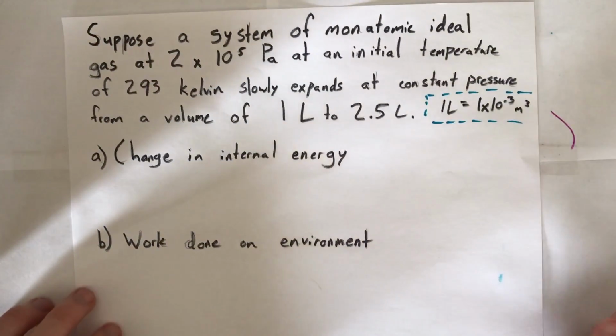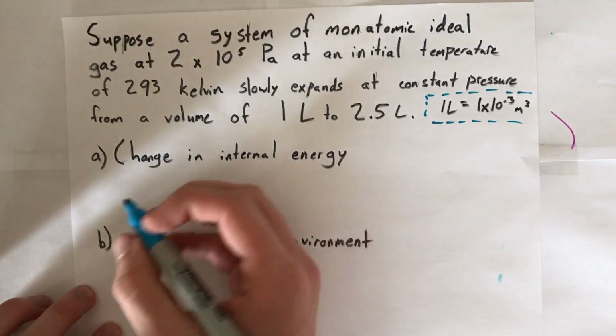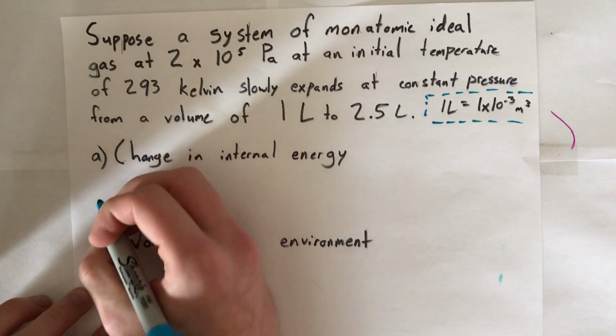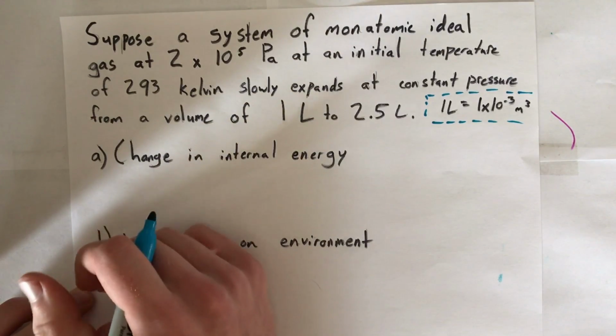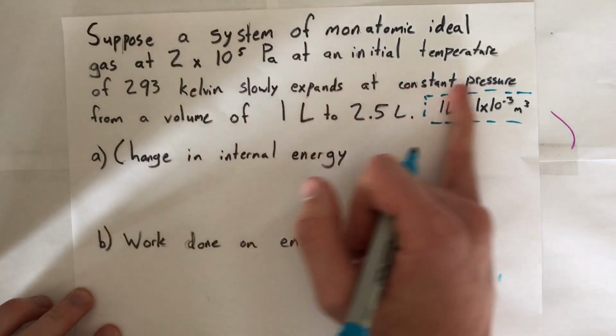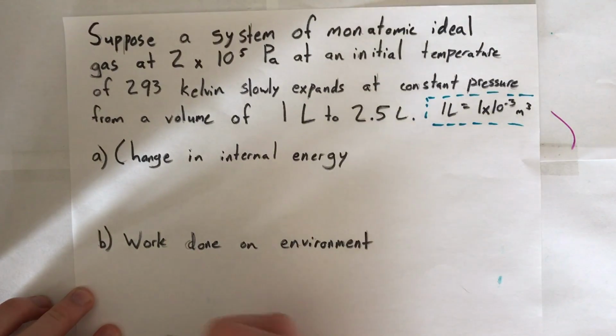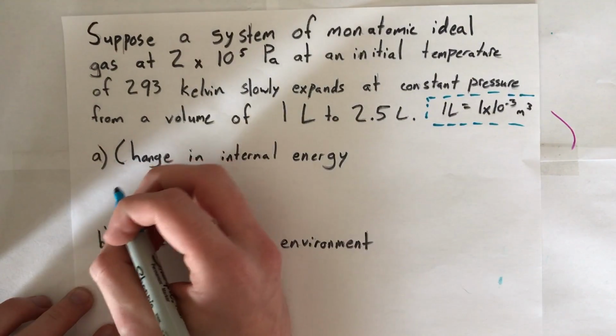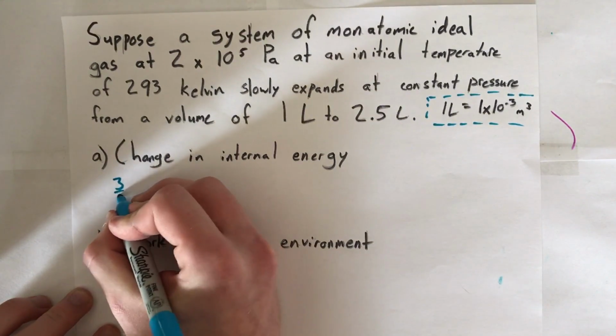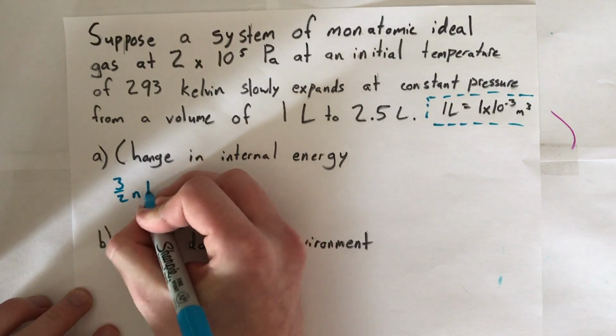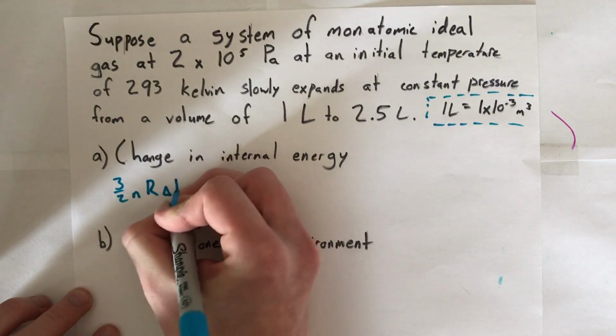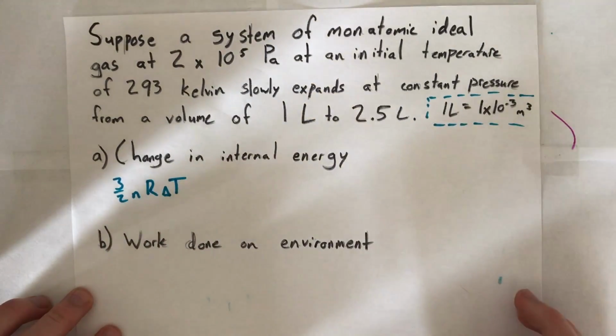So we need to find the internal energy. So if we want to find internal energy, this says constant pressure, so isobaric, internal energy is 3/2 nR change in T.